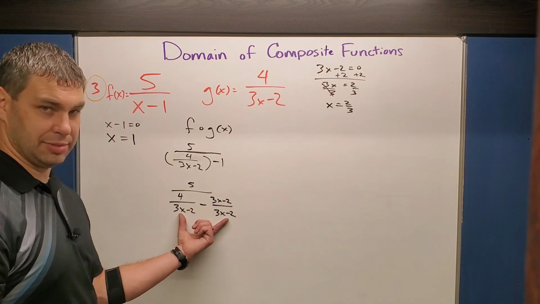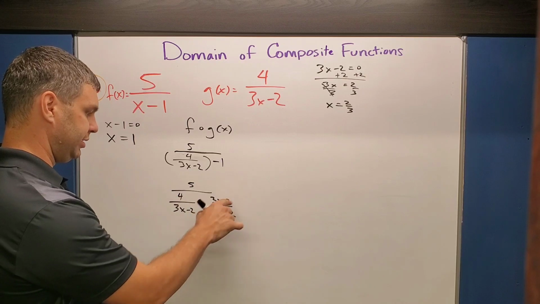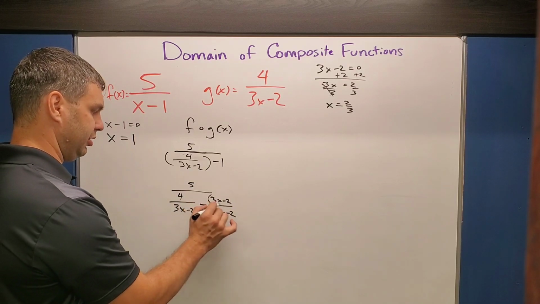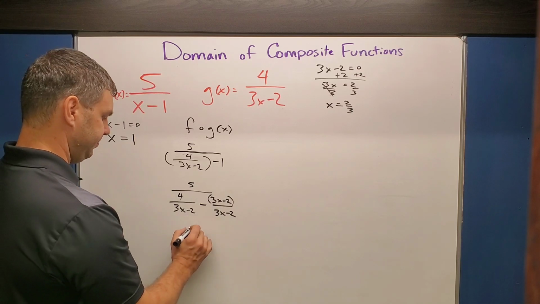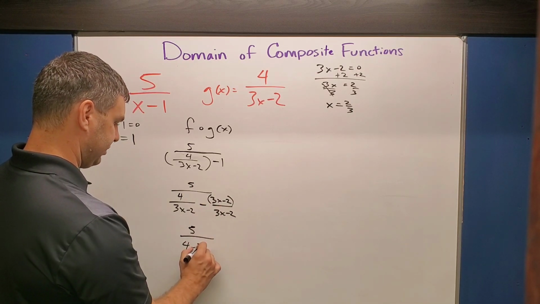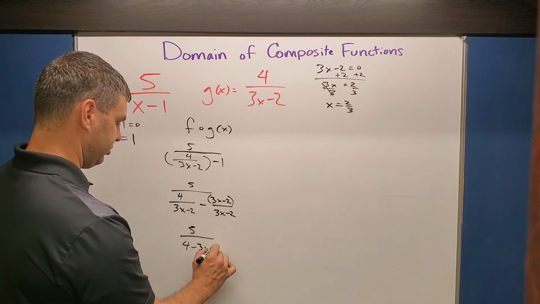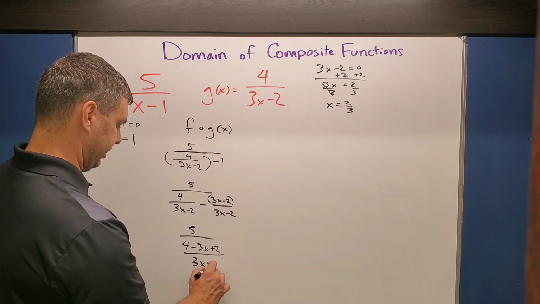Okay, because those are common denominators now, I can subtract 4 minus 3x minus 2. That's important to note because I'm going to be subtracting, so I have to distribute that negative in up there and get 5 over 4 minus 3x plus 2, all divided by 3x minus 2.